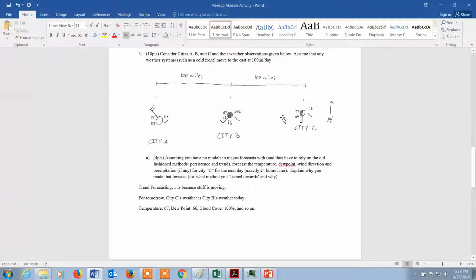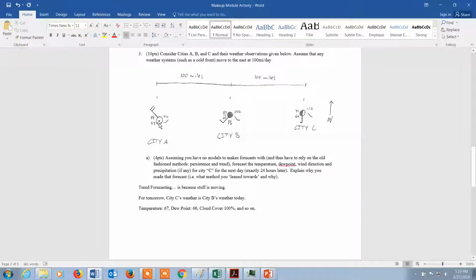Instead, if we look between city B and city A, traveling between B and A, winds shift from the southwest to the northwest. That's very common once a cold front passes. The other thing you notice is that temperature drops pretty noticeably.